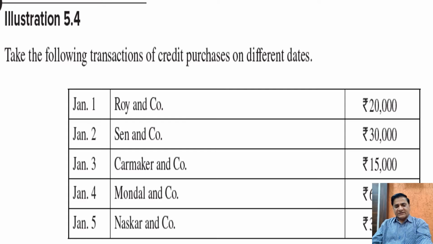By way of an illustration, let's try understanding how to prepare the ledger account. Say, for example, these are the transactions given to us. These are the transactions related to the credit purchase made by an organization.